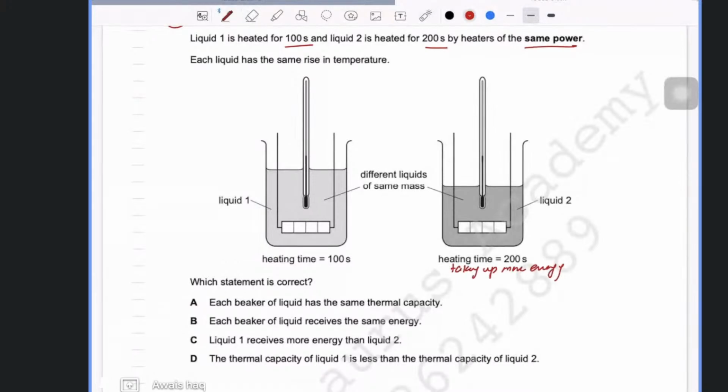And if this is taking more energy, then obviously the thermal capacity of liquid 1 is less than liquid 2, because definitely this would take more time, which means more energy, to raise the same amount of temperature as liquid 1. Is that clear, everyone?